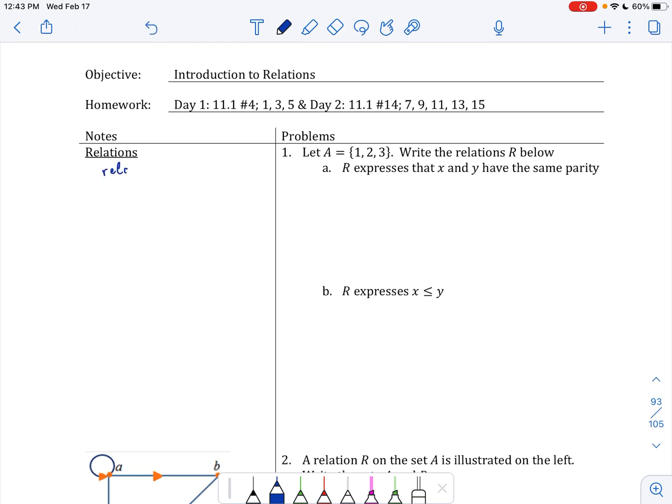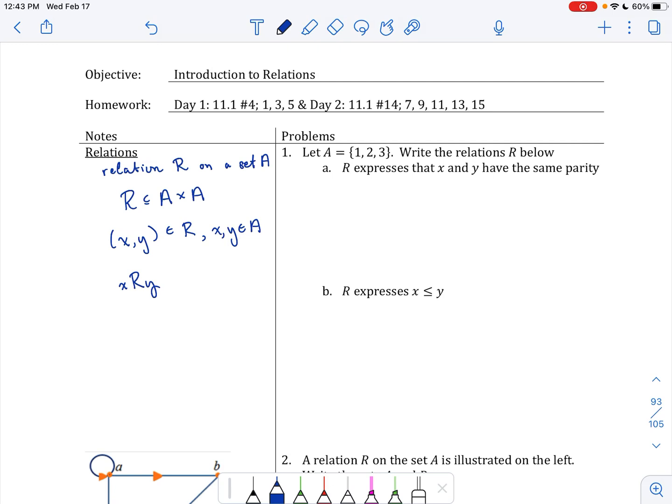So a relation, and we'll use R, on a set, and that set is usually called A, is a subset of the product of A cross A. So what that means is that all the elements of R are (x, y), where x and y are elements of A. And it can be written as an ordered pair, or you'll also see it written like this, as if it's like an operation. Both ways are fine.